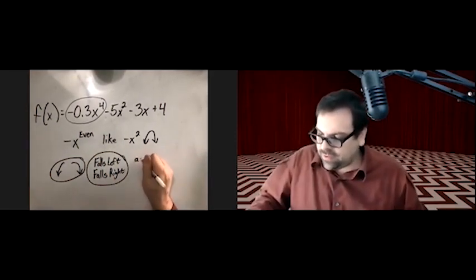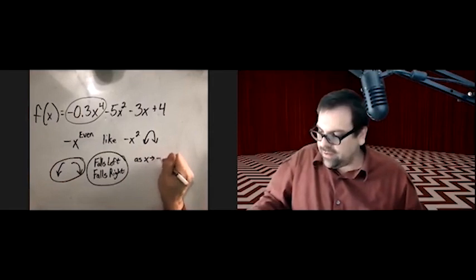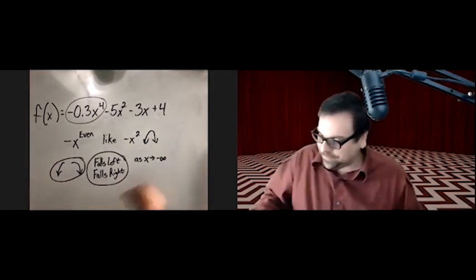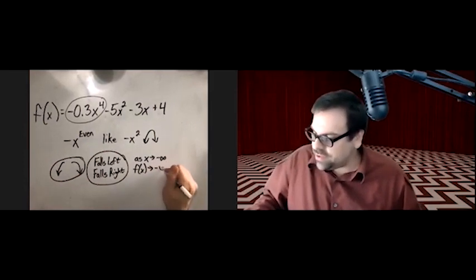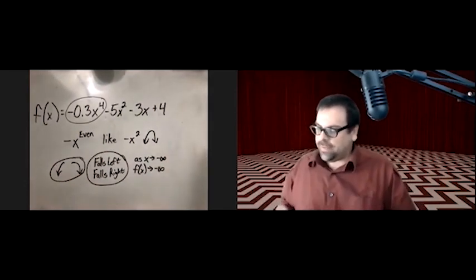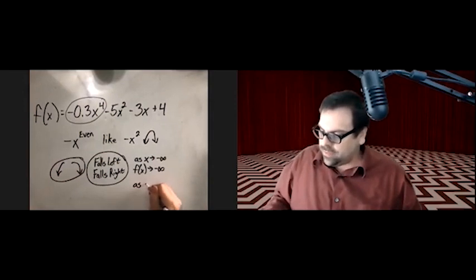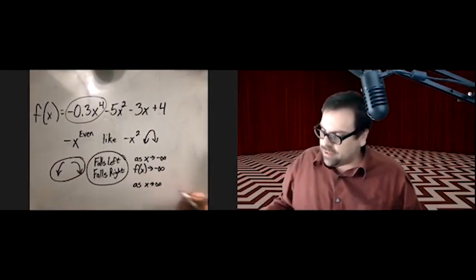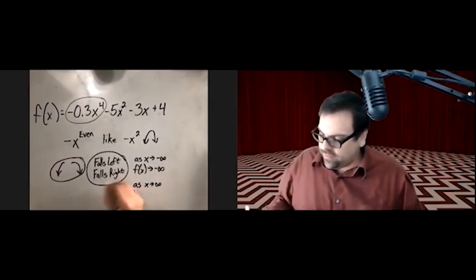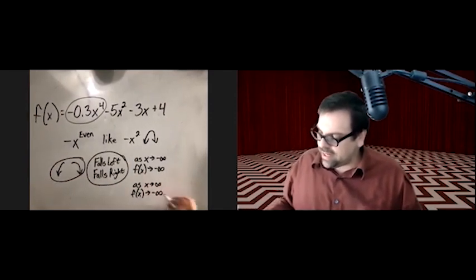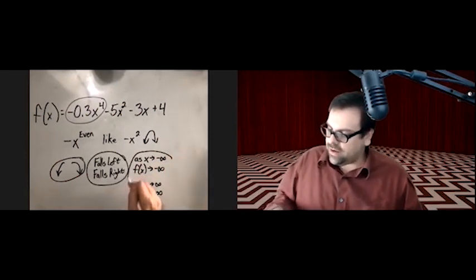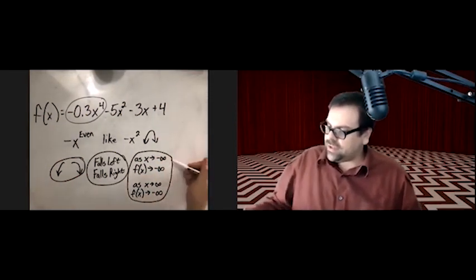To the left, as x approaches negative infinity, f of x falls, it approaches negative infinity. As we move to the right, as x approaches positive infinity, falls to the right. F of x approaches negative infinity, goes down, whether we're going to the left or the right.